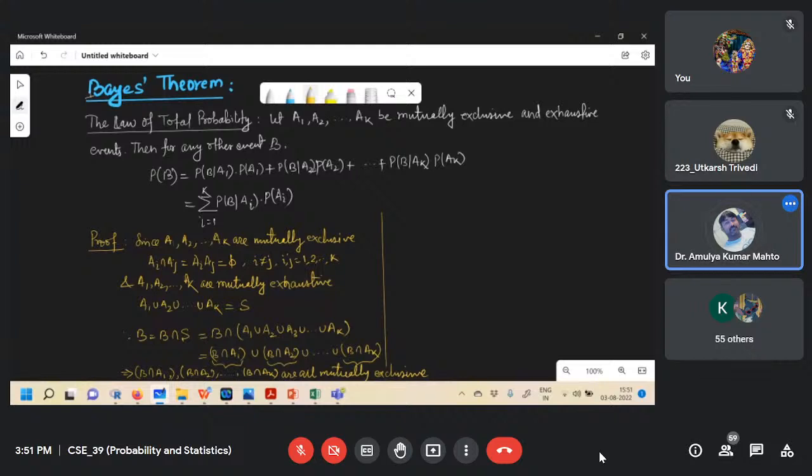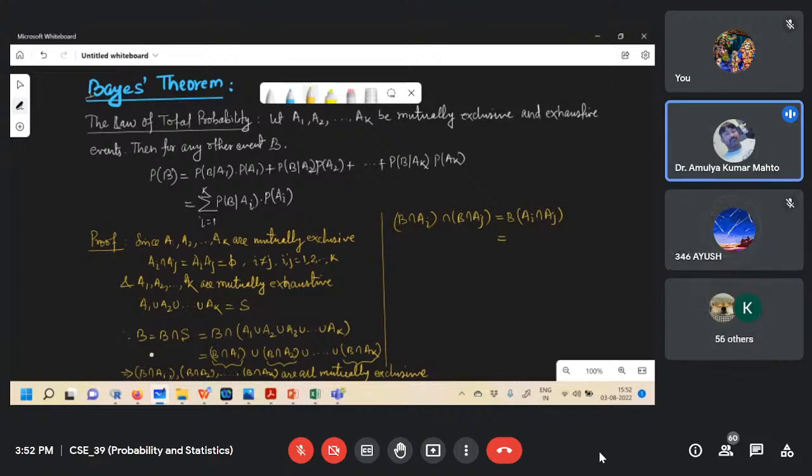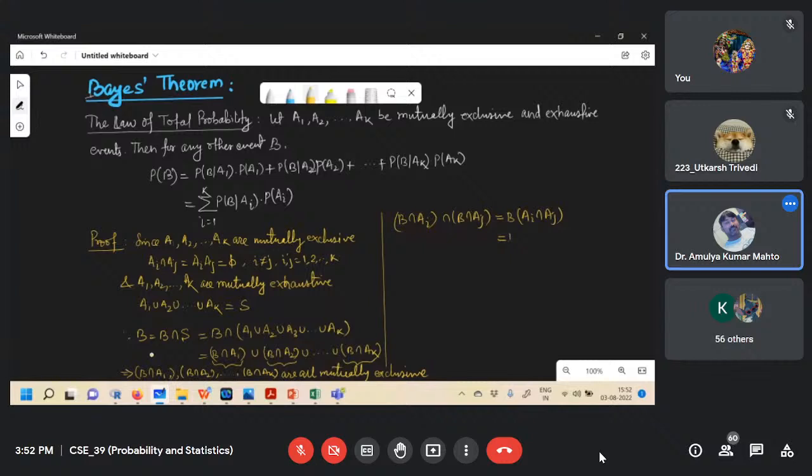So now, if you take any of these, B intersection AI and B intersection AJ, for any I not equal to J, this will be B intersection AI intersection AJ, which is B intersection phi.